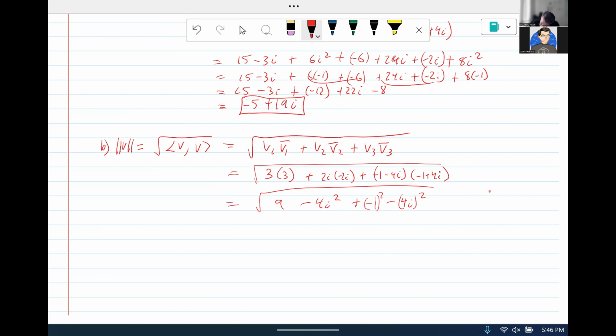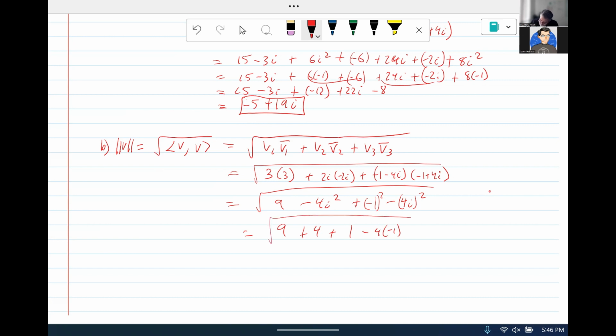Square root. This is going to be 9 plus 4, because i squared is negative 1, plus 1 minus 4 times i squared. That's minus 4 times negative 1, so that's another plus 4.